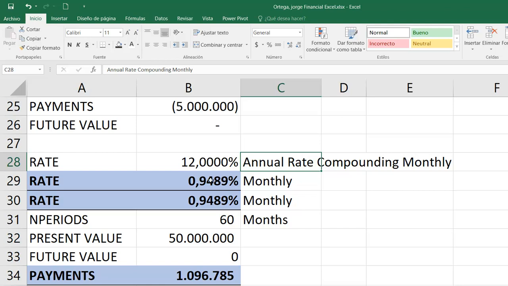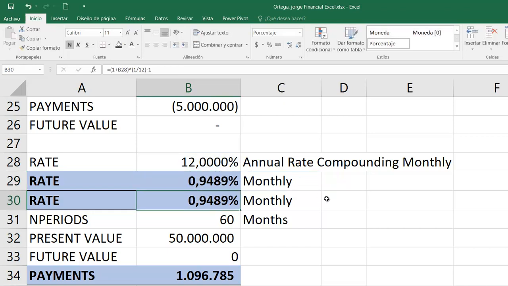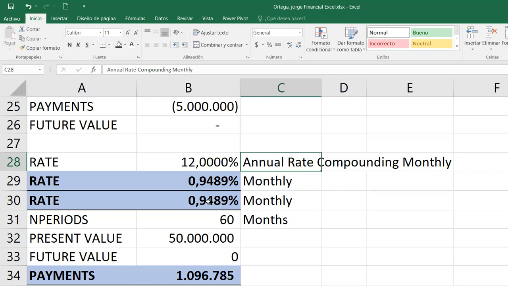The equal rate is estimated. Here I suggest two ways. The first one is with the formula NOMINAL, in which you select the effective rate, this one, and you again divide it by 12. Sorry, here I have this wrong.